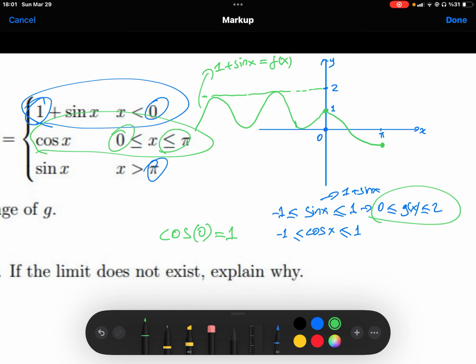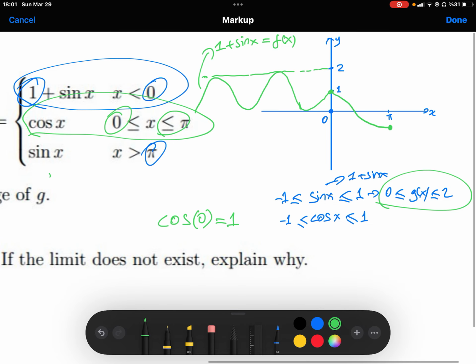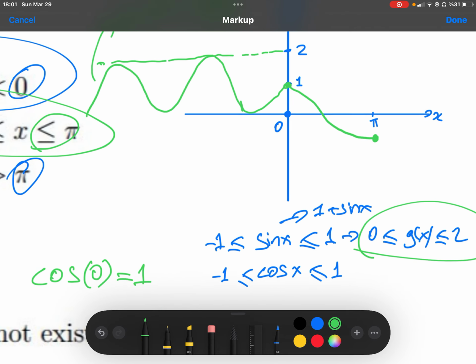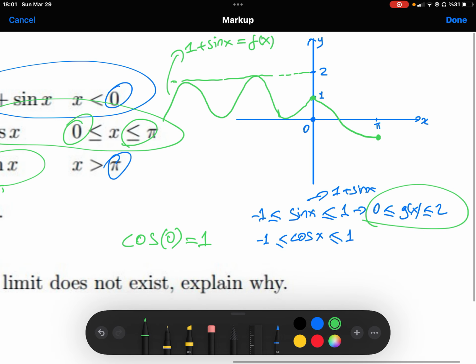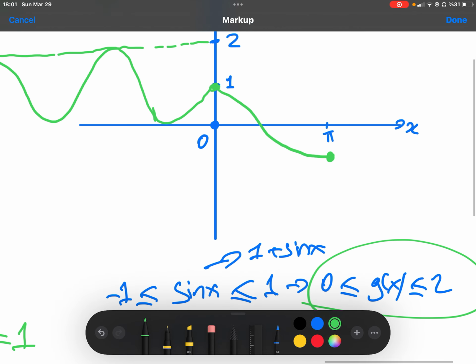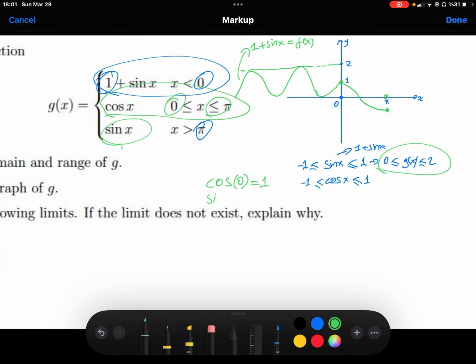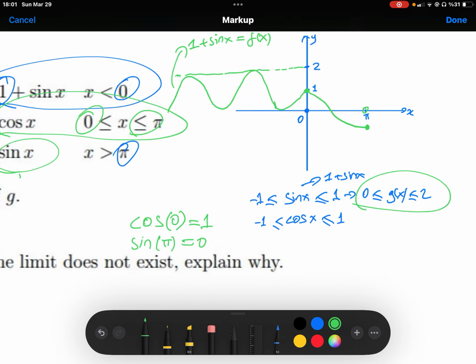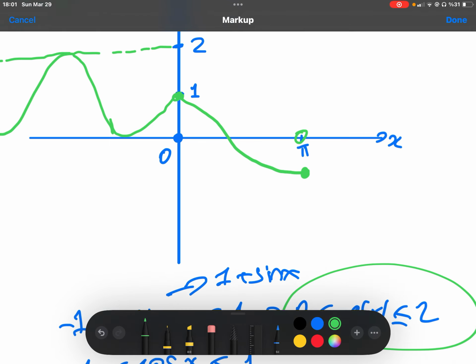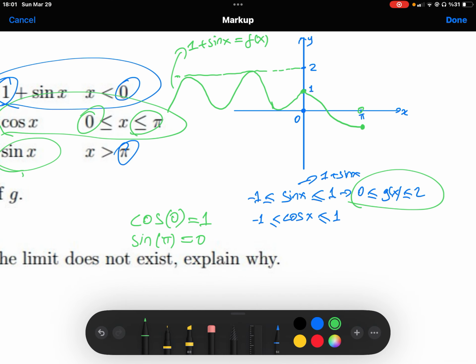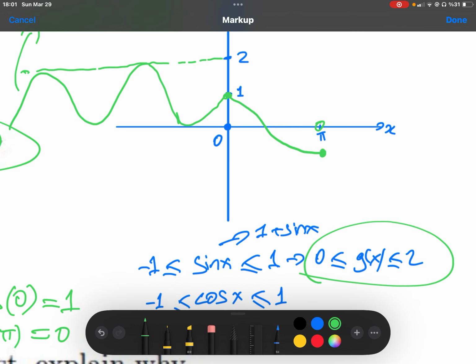But for the last piece, which is for every x value greater than pi, we will have sine x. But pi is not included for this case. So I will start from here again, and it will start from 0 because sine of pi is equal to 0, but the value of 0 is not included because pi is also not included.